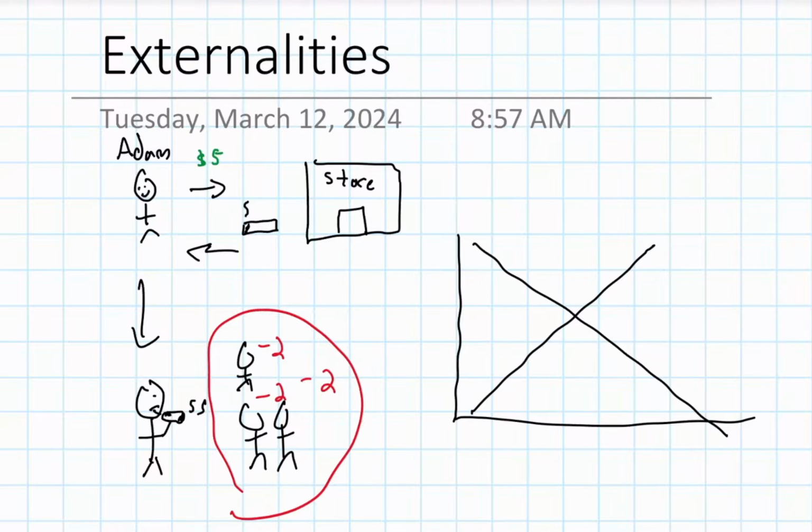So this is your marginal private cost and marginal private benefit, and then we also have, that's the wrong way, it goes like this.